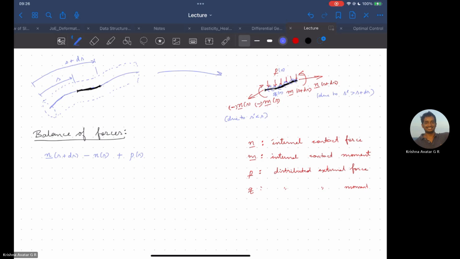and recall that p of s is a distributed load. So since we are balancing forces, it will be multiplied by ds, assuming that the segment ds is so small that p of s will remain constant over that.